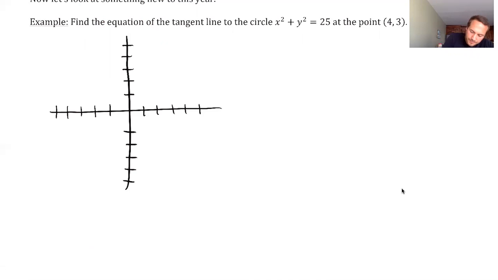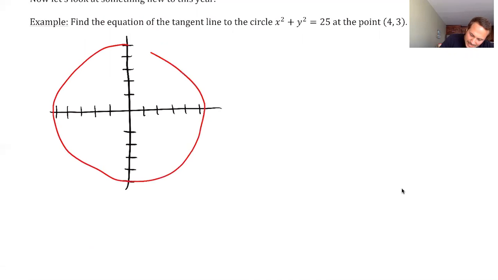Here's my circle. Not the best, I'm sorry everyone, but there's my x squared plus y squared equals 25. And what is a tangent line again? Well, a tangent line is something that comes and it hits the circle in one spot, and I want to know at the point 4, 3, what is my equation of that tangent line?